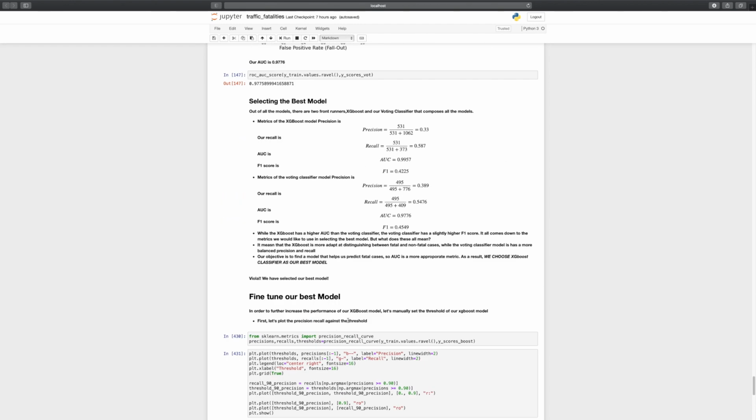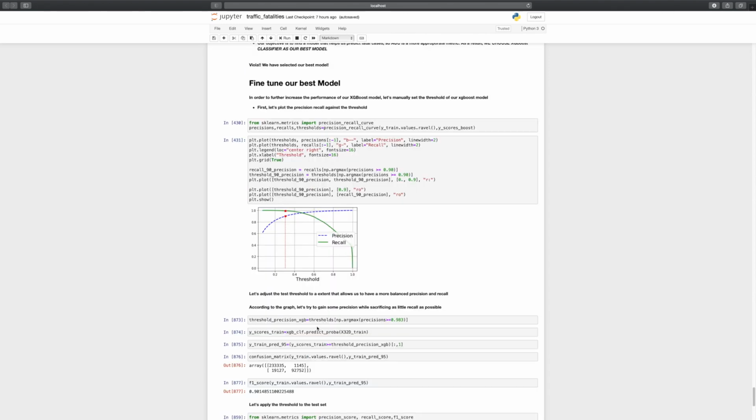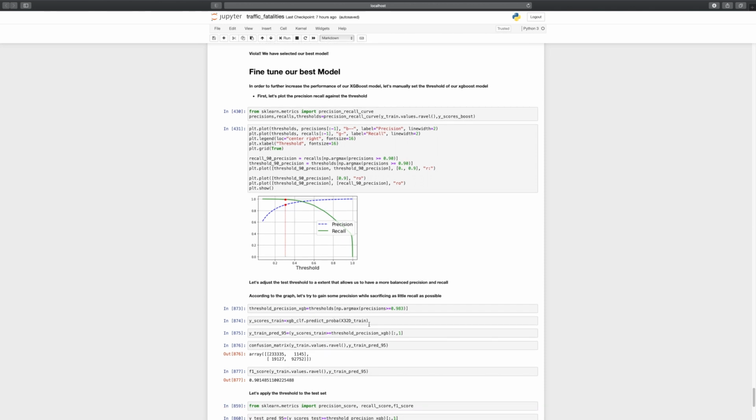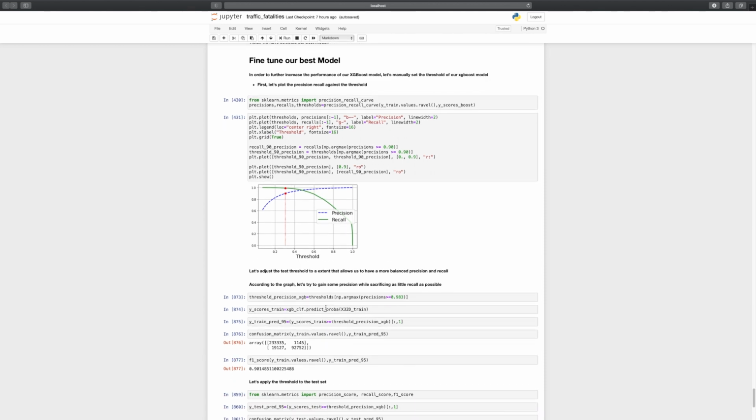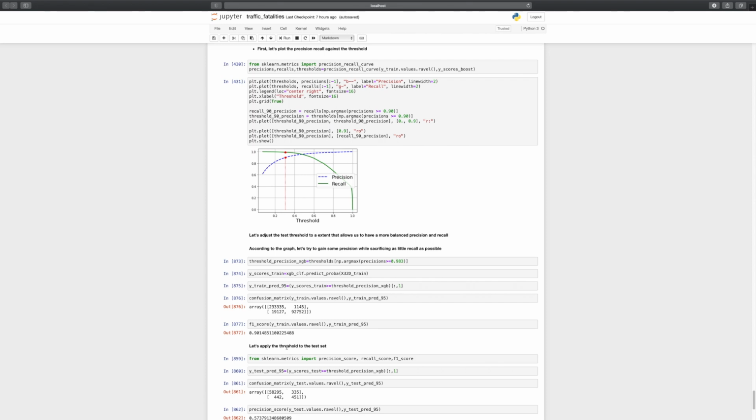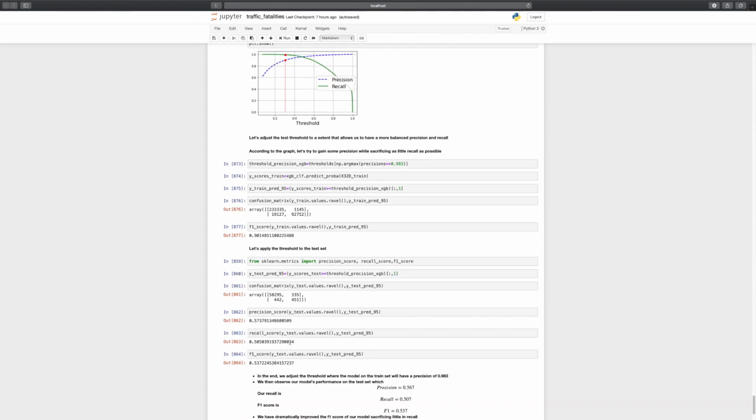From the metrics, we see that we would like to increase our precision while sacrificing as little recall as possible. So that's what we did. We try to set a threshold that increases our precision by some range, but also preserves most of our recall.